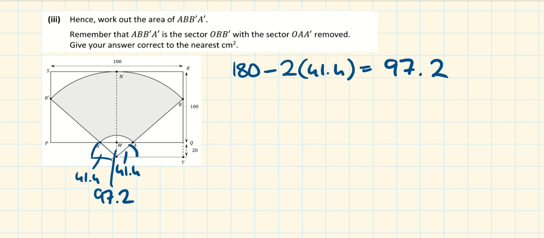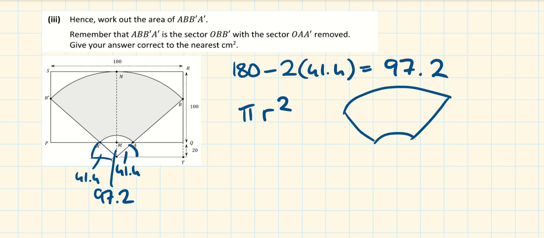Okay, so if you remember, the area of a circle is pi r squared. And you need to work out the area of this whole big thing. So essentially, you want the area of the whole bit minus the area of the little bit. And that will give you the shaded area there.